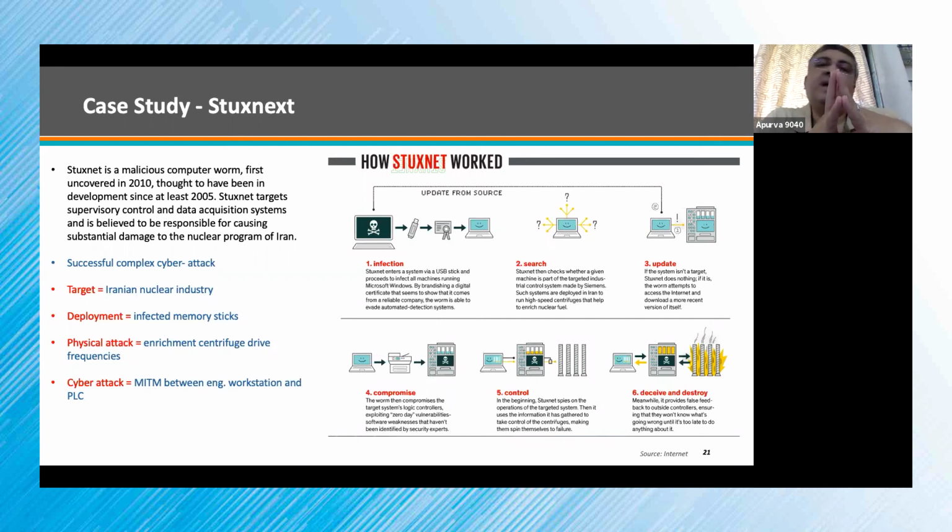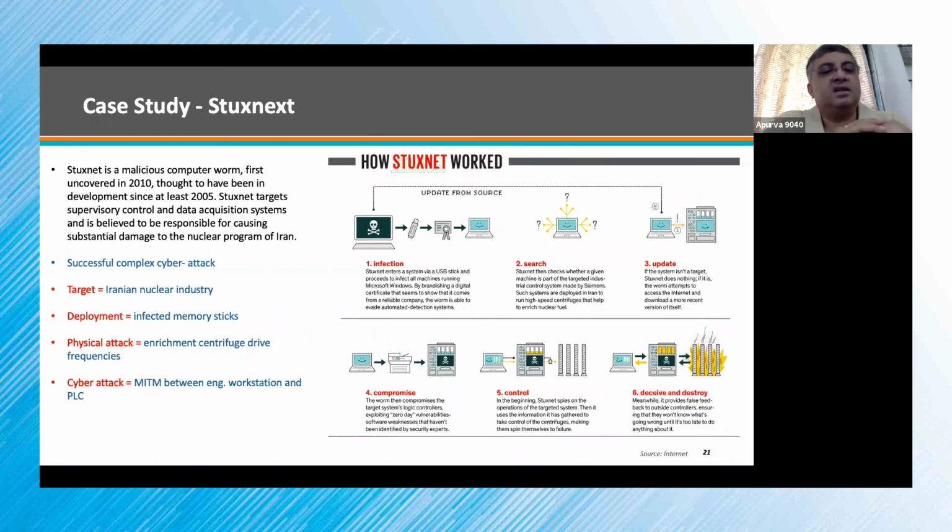On the monitoring side they always saw that the centrifuge or the controller was running fine, whereas in the background it increased the frequency of the centrifuge. Eventually it crashed the entire system. Once it crashed the centrifuge, the whole system got shut down.